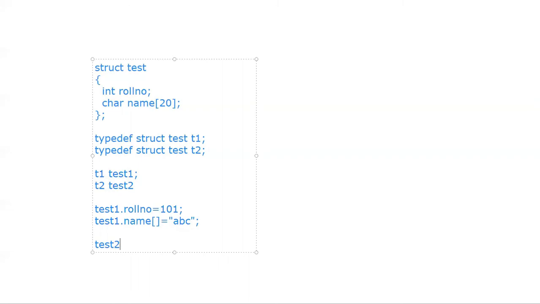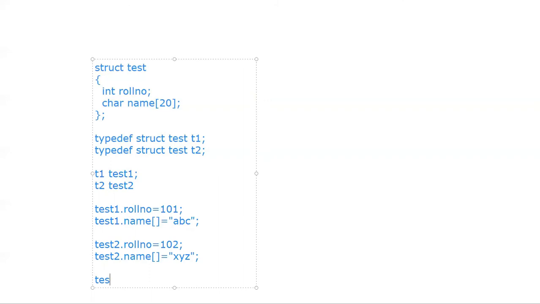Similarly, I have written test2 dot roll number equals to 102 and test2 dot name equals to XYZ, right? This is how I have written.